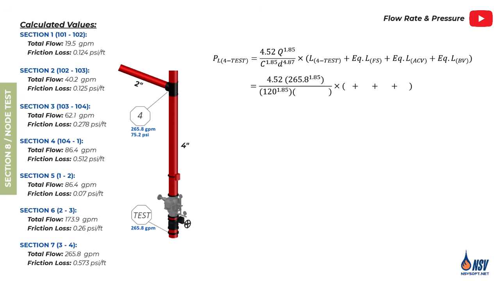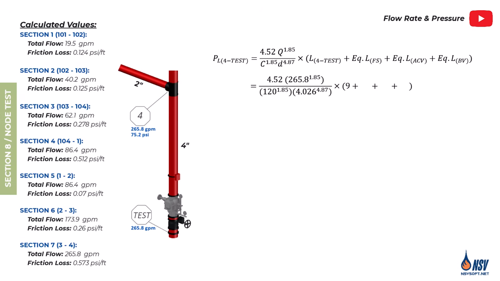The flow rate in this section remains the same as the previous one, 265.8 gallons per minute, and the C factor is 120. The pipe size in this segment changes to 4 inches, so according to Table A.16.3.2, we use an internal diameter of 4.026 inches for our calculations. Additionally, we assume the pipe length to be 9 feet.